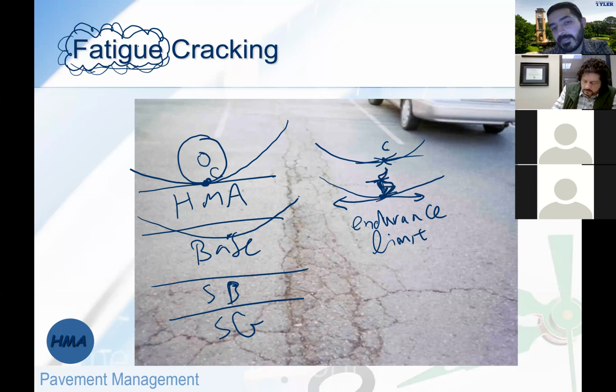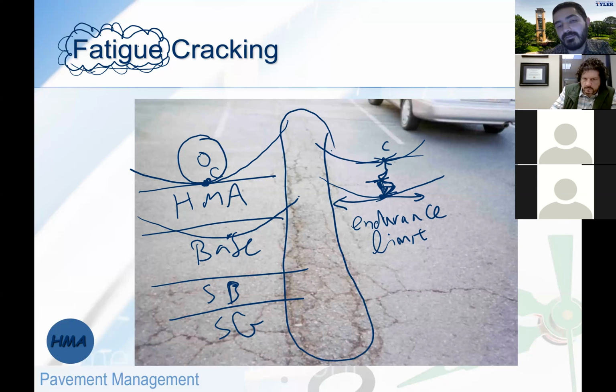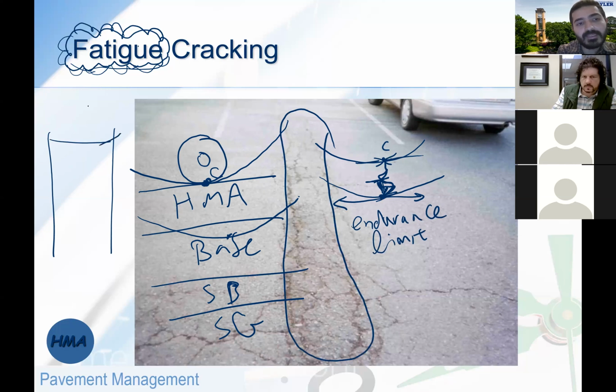So by the time you see this picture here, which happens most of the time in the wheel path, what does that mean? If this is 12 feet, which is a typical width of a lane, most of the time the major loading happens in the area of the wheel path of the vehicles.